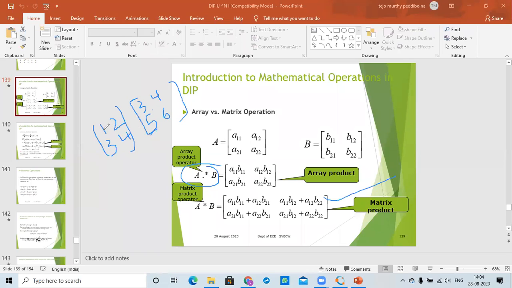Then the element by element product is 1 multiplied by 3, that is 3, and 2 multiplied by 4, that is 8, again 3 multiplied by 5, that is 15, then 4 multiplied by 6, that is 24. The symbol for element by element multiplication is dot star.